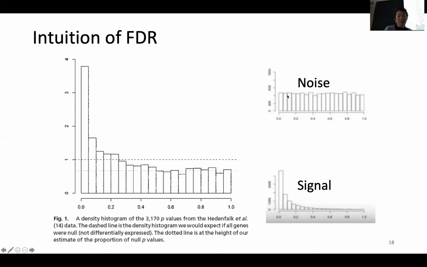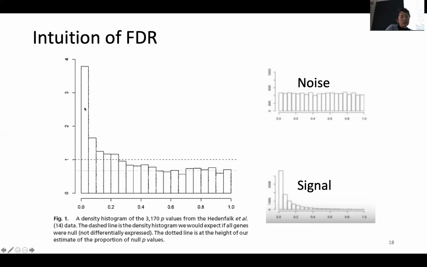What happens if after you finish an experiment and you run the statistical test and then look at the p-value of all the genes in an RNA-seq experiment, you only see this? What does that mean? If you see something like this in the p-value distribution, it would mean that your data is too noisy. There are no differentially expressed genes that are significant from your experiment, okay?